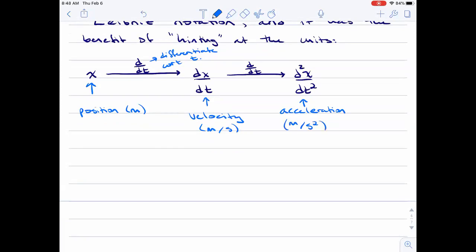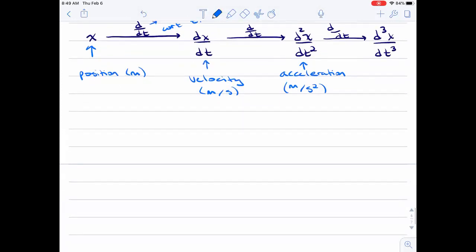Notice that the x isn't squared, so the meters just stays meters, and then the time is squared, so then we have seconds squared. We can even find the next derivative. Of course, we could keep going, but it has less and less meaning to us. The third derivative with respect to t is called the jerk, which is in meters per seconds cubed.